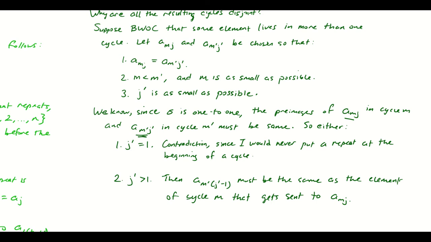And I'm being purposefully a little bit coy there, because it's possible that that's a_{m,j-1}, or it's also possible that j could be 1, which means the element that gets sent to a_{m,1} is actually the one at the end of that cycle.